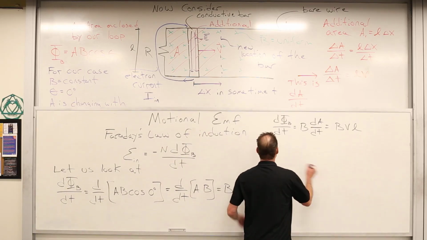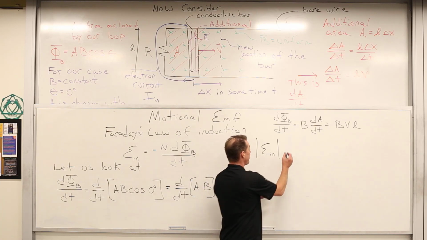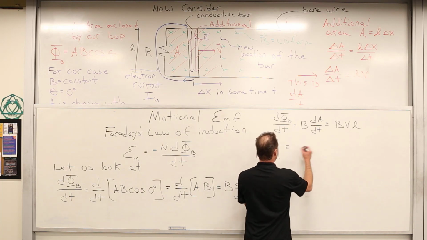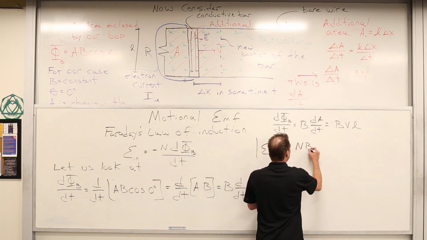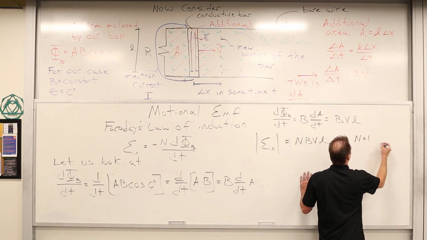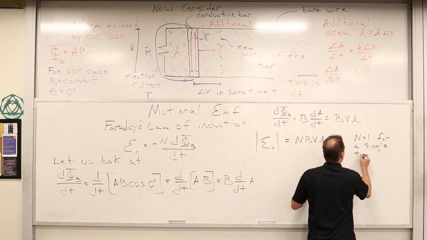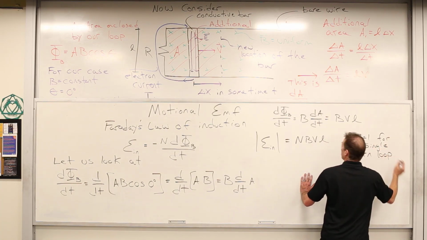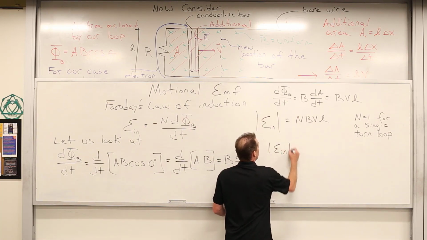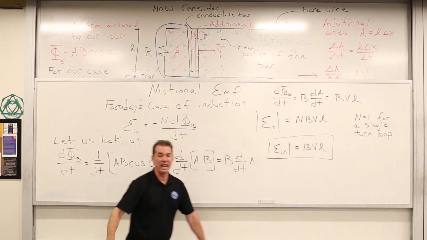What does Faraday's law then say? We're just going to look at the absolute value of the induced EMF, and get ourselves that the induced EMF is going to be equal to NBVL, where N is equal to 1 for a single turn loop, and thus we get ourselves BVL.